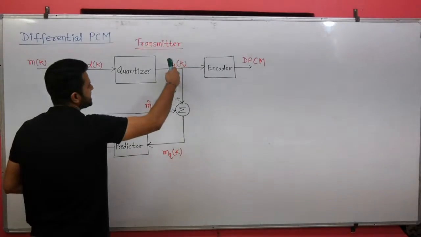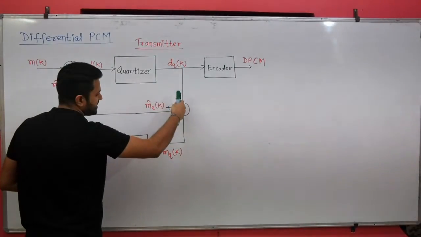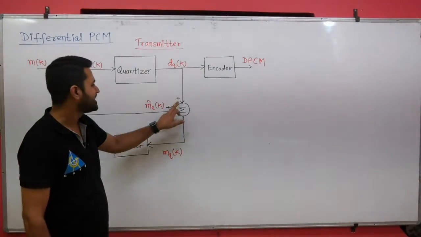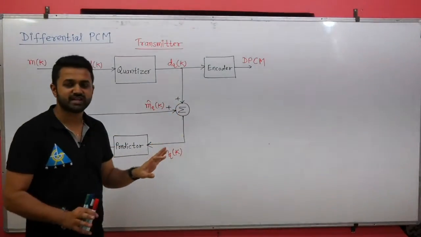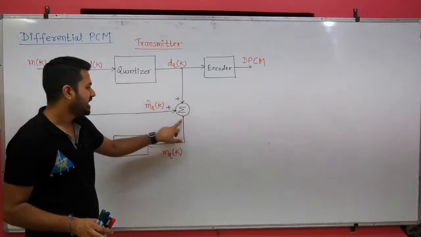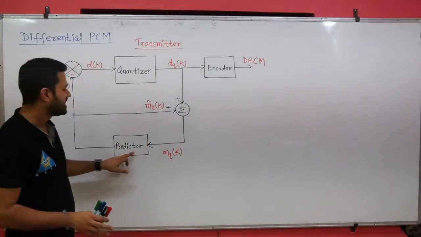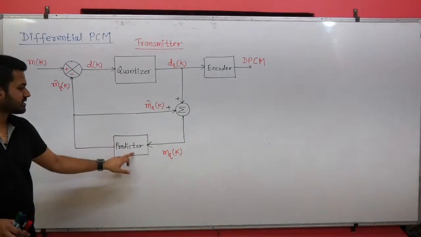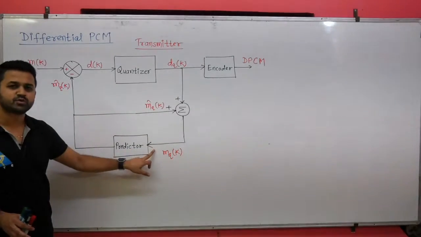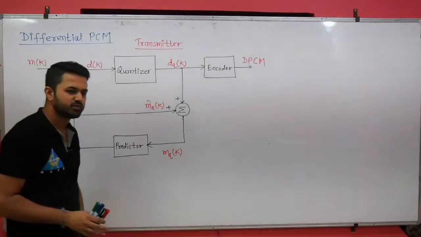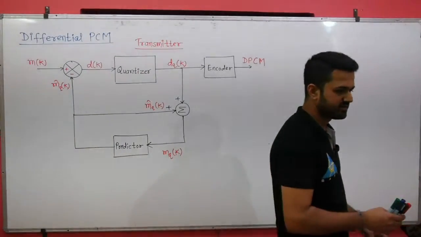That DQK is also given to this adder. You are adding these two signals, we are not taking the difference, and the sum is given to the predictor input. This is the input to the predictor.